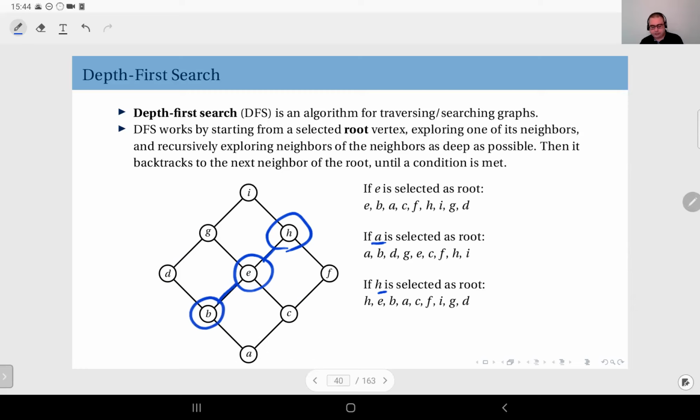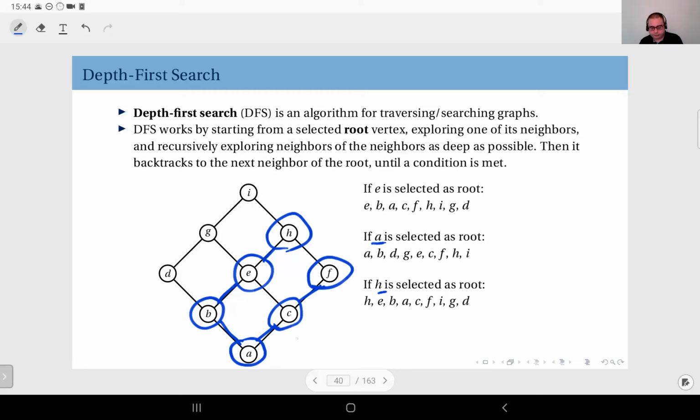And then the neighbors of B are A, D, and E, so I need to select A. And then C, and then F. Now, the neighbors of F, C and H, both of them are visited, so I need to come back.